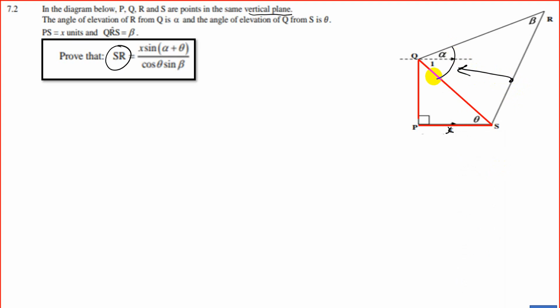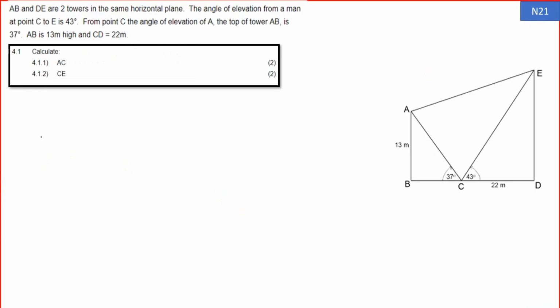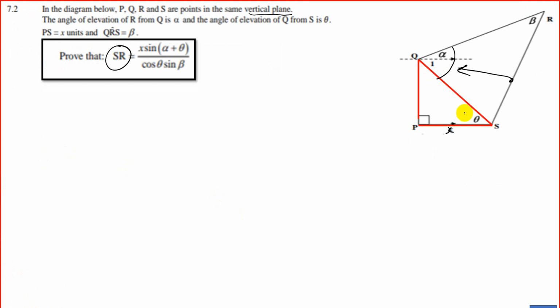Now, we can find Q1 if we look at this triangle that we have here. If we're trying to find Q1, because of alternate angles, Q1 is actually going to be theta. So write that down: Q1 is equal to theta, because of alternate angles.